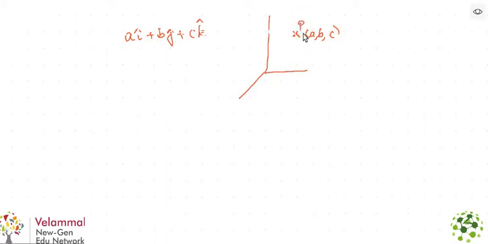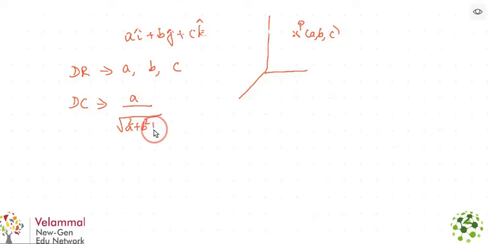Actually, it is telling you how to travel, that's all. So if I want direction ratios, it is nothing but the coefficients of i, j and k. Suppose I want the direction cosines, it is nothing but the coefficients of i, j, k of the unit vector of that line. Okay, so suppose I represent this as OP, because I have taken the point as P, the direction ratio will be A, B, C.